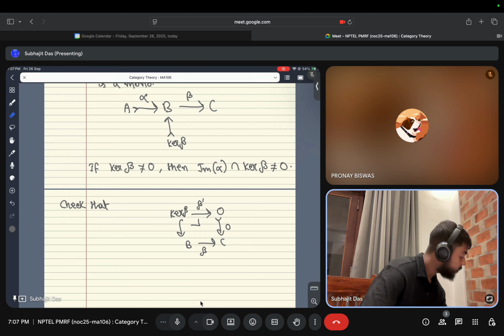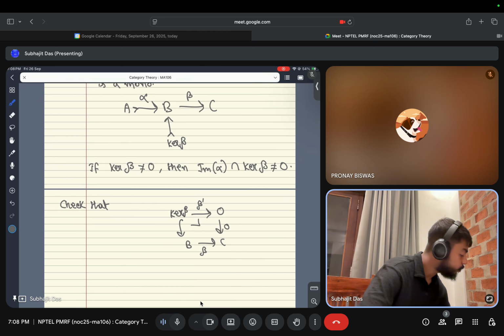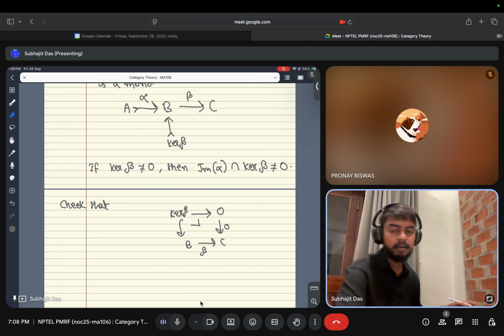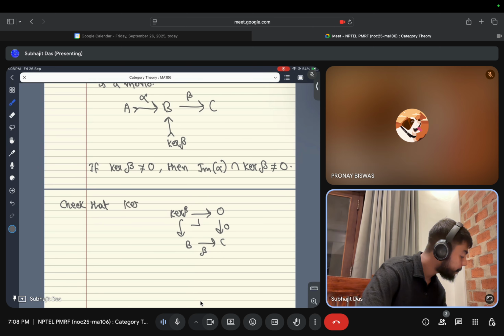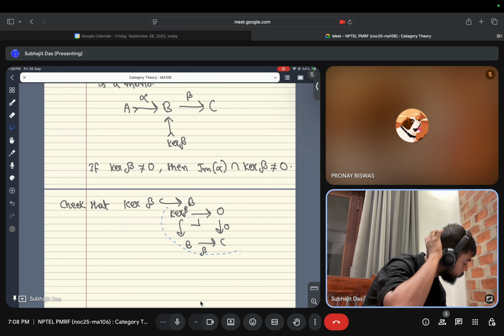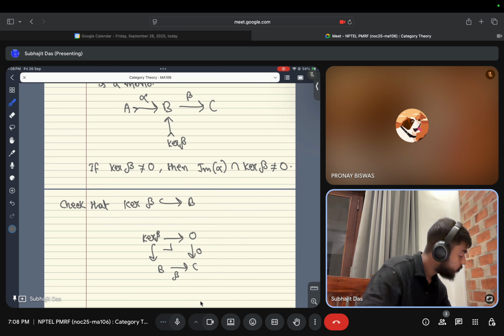And let's say 0 to C we have the 0 map, right? No need to name this beta prime. There is always a unique arrow. So check that kernel of beta together with its inclusion into B fits into this pullback square.